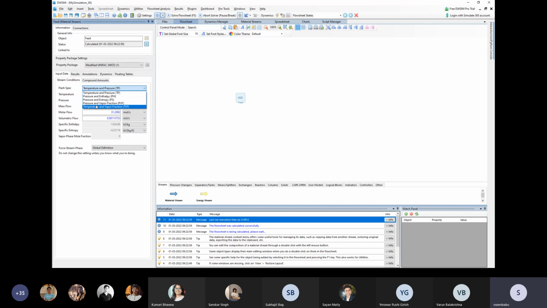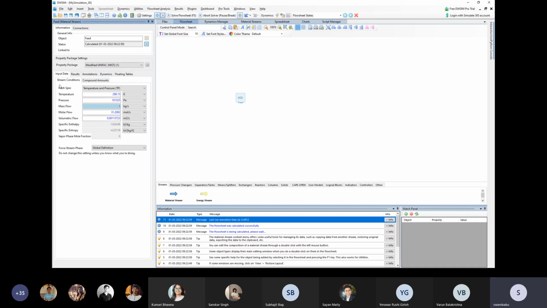But common process simulators, for ease of convenience, use these, and this is practically related to all the systems: temperature and pressure. So we need to specify the temperature of the stream, and at what pressure the component is present. So this is the input data, the stream conditions, the flash specifications.